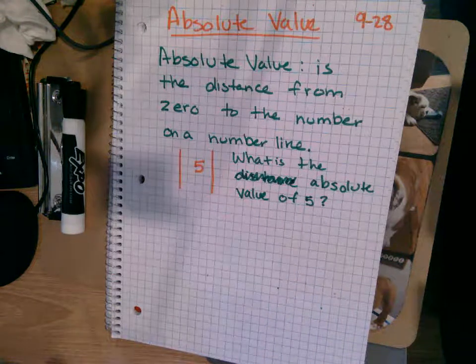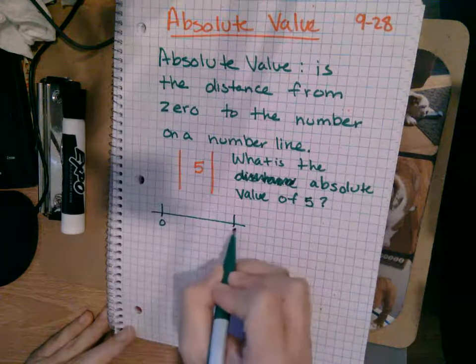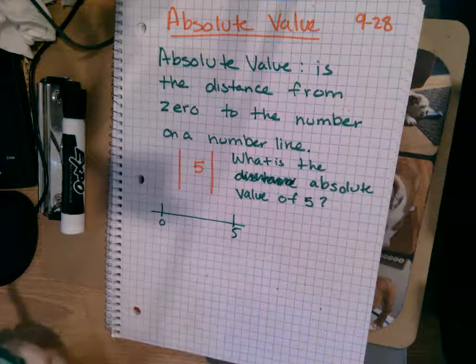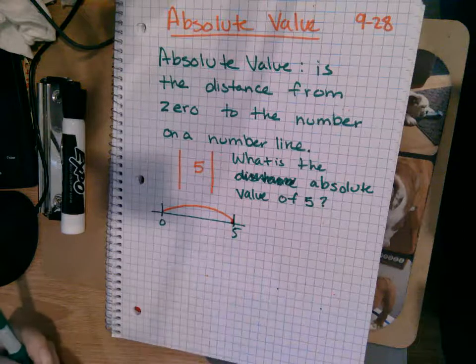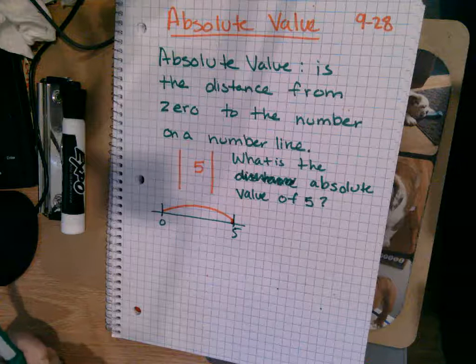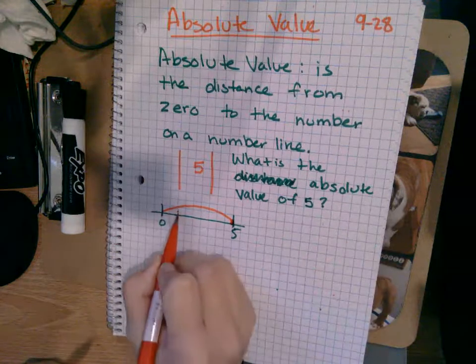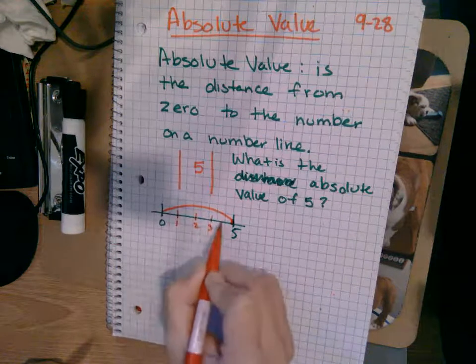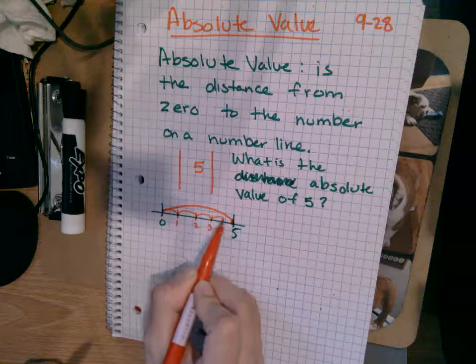So if I have a number line from 0 to 5, what is the distance from 0 to 5 on the number line? How many hops did I take? 5. I just drew one, but it's 1, 2, 3, 4, 5.